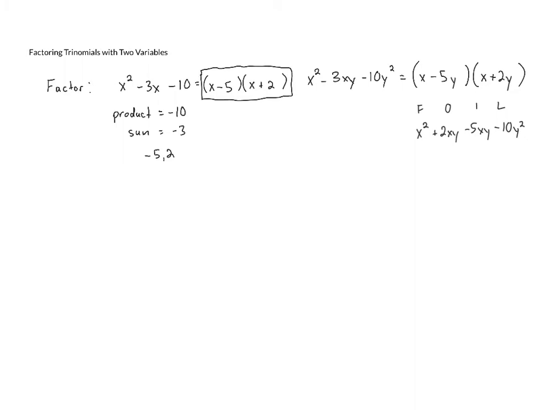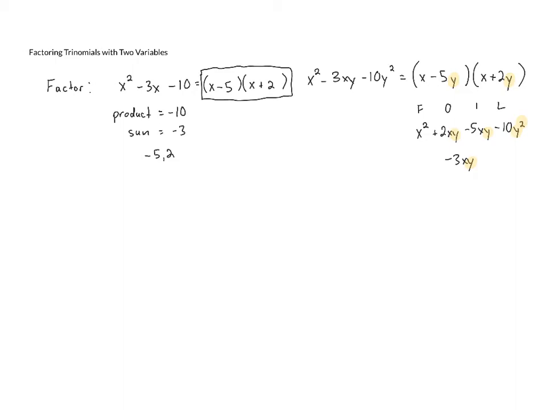And we can see that by putting these two y's here, we end up having a y on the outer and inner terms, so that when we combine these, 2xy minus 5xy gives us the negative 3xy that we need. And then also by taking those two y's, we end up with a y squared in the last term.